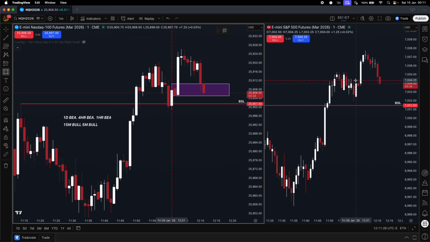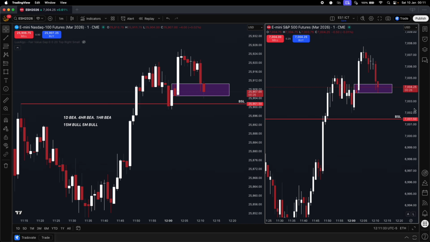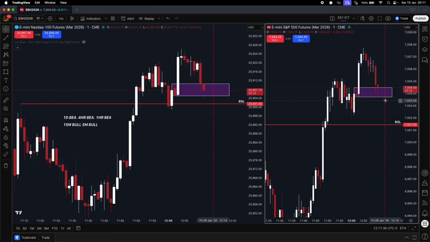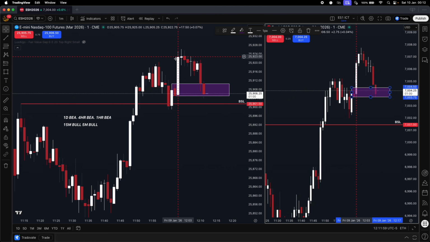And then on ES, this is our order block to be inversed. So ES's order block to be inversed won't be paired with a gap, and NQ's order block to be inversed won't be paired with a gap. We can't take that order block. We can't take this order block, so we got inversed.